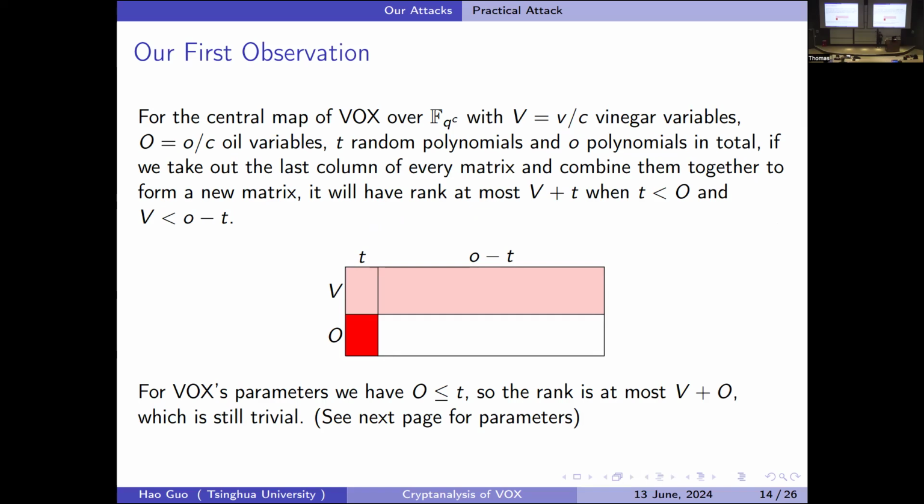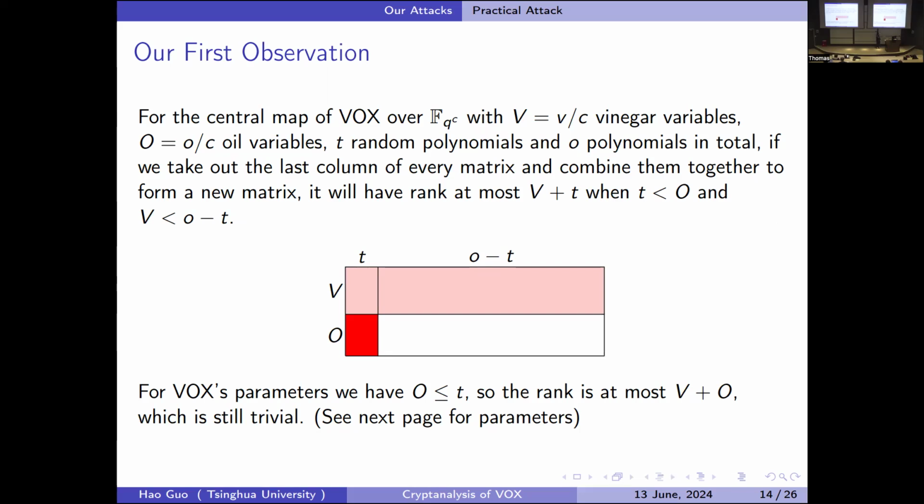And here we found that the numbers V and O are small, and if we compare these values with T, we may have a possibility to find a not full rank matrix here. And this is exactly the attack given by Fluye and Ikematsu in their papers.